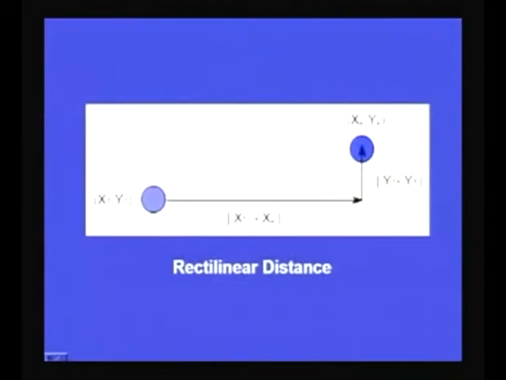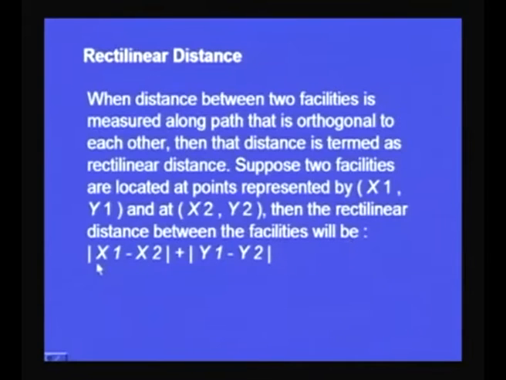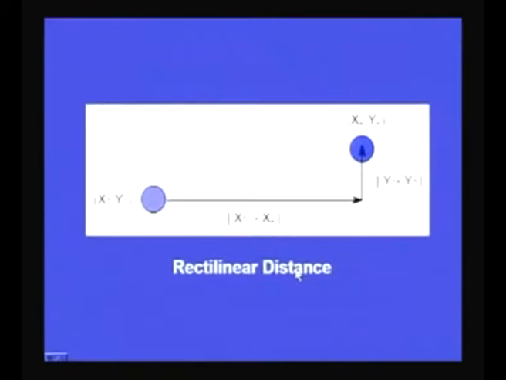This is a point which depicts x1, y1. This is the first point or the first facility. This is the second location, x2, y2. So the rectilinear distance is measured by the addition of the absolutes of x1 minus x2 and y1 minus y2. This is what we call the rectilinear distance. You can see that the angle here is 90 degrees, or it is orthogonal.